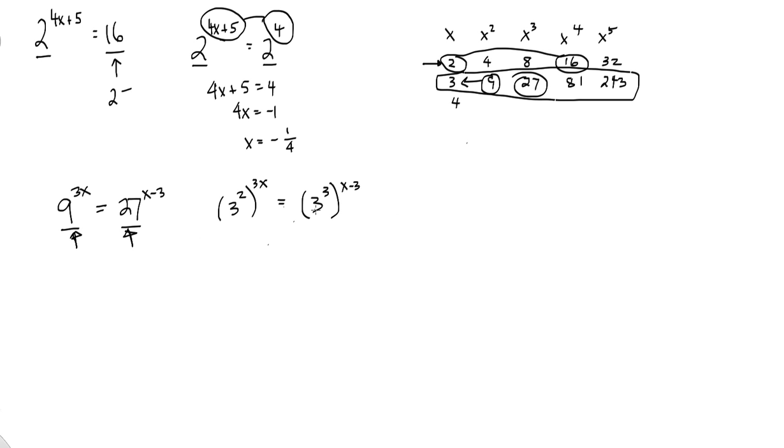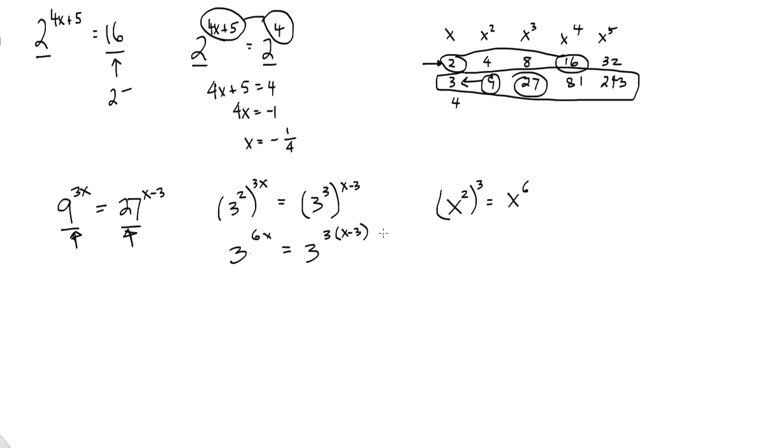Now we need to remember our power of a power property of exponents. That property said that when I raise a power to a power, do you remember what you do? Multiply. 2 times 3 is 6. So we're going to use that same property here. So we've got 3 to the 2 times 3x, which is 6x, equals, and careful now, 3 to the 3 times x minus 3.